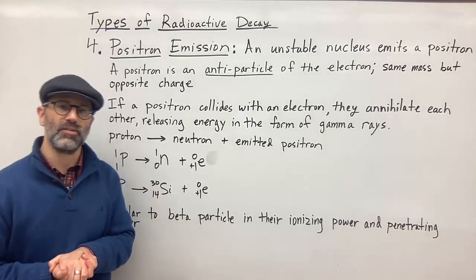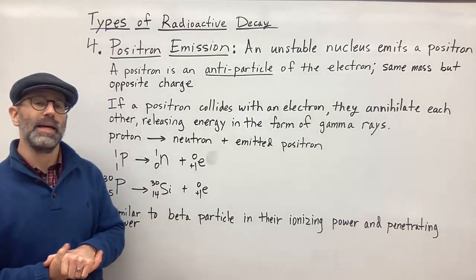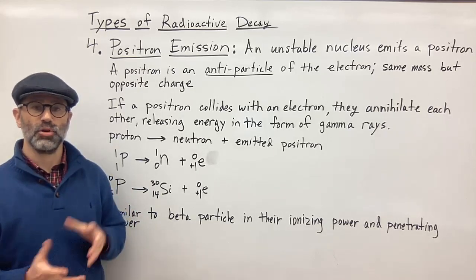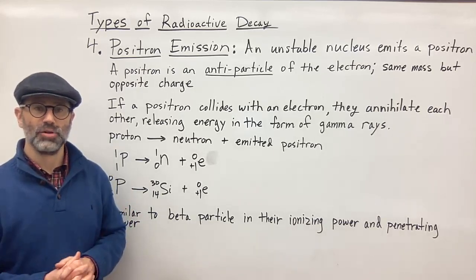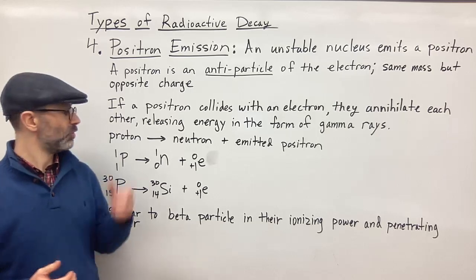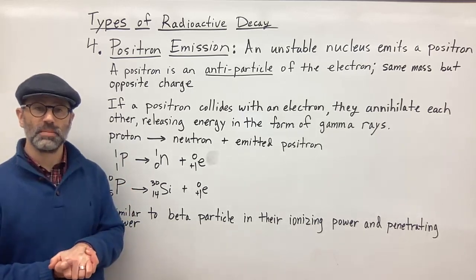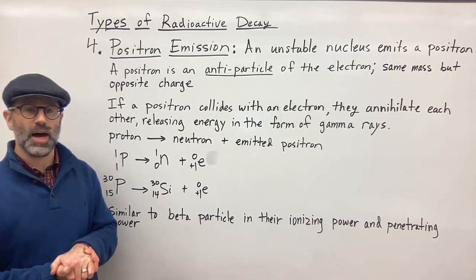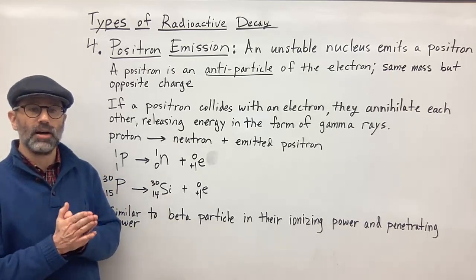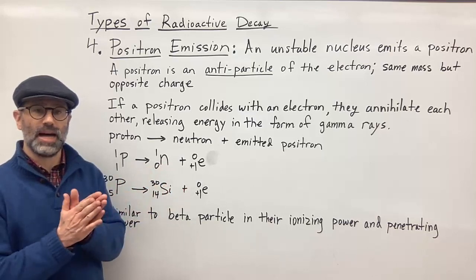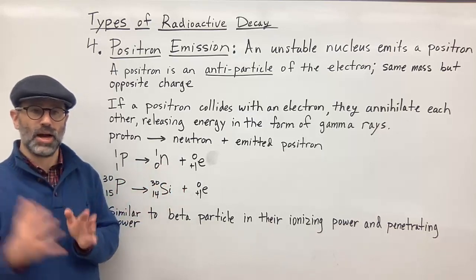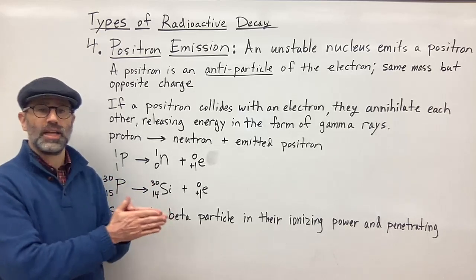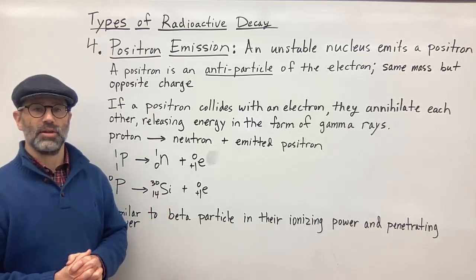And so, what's happening? How does the nucleus emit a positron? Well, in a very similar way as the nucleus emits an electron. We saw that when the nucleus emits an electron, that's where you have a neutron breaking apart into a proton and releasing an electron from the nucleus. So you have a neutron converting into a proton in the nucleus.